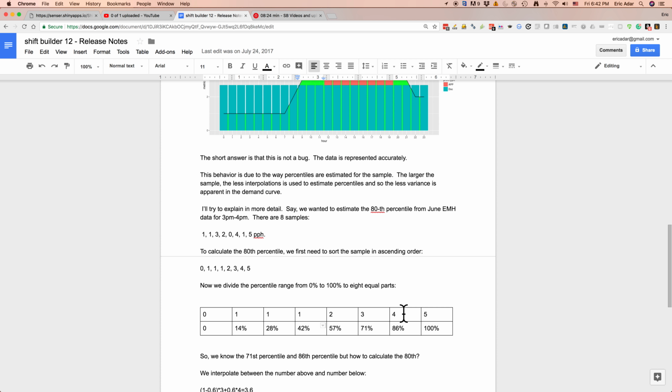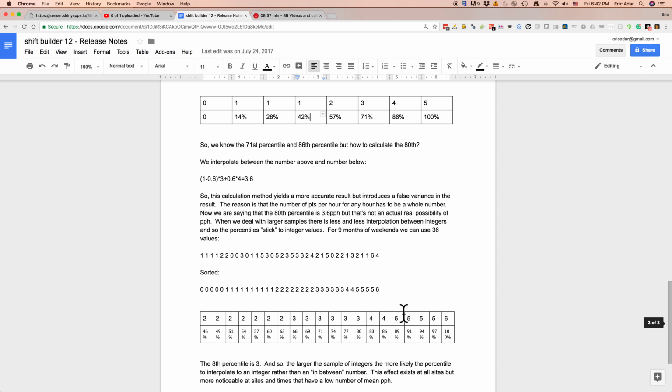What you can see in this example is that the more numbers you have in the sample, the more percentiles will correspond to whole numbers and not to the extrapolation between them. If we had 36 values and sorted them, we can see that now the 80th percentile corresponds exactly to 3, so we wouldn't get a number like 3.6 or 3.7.